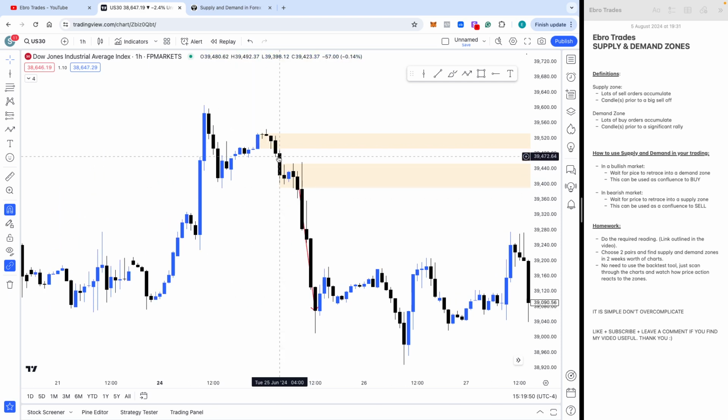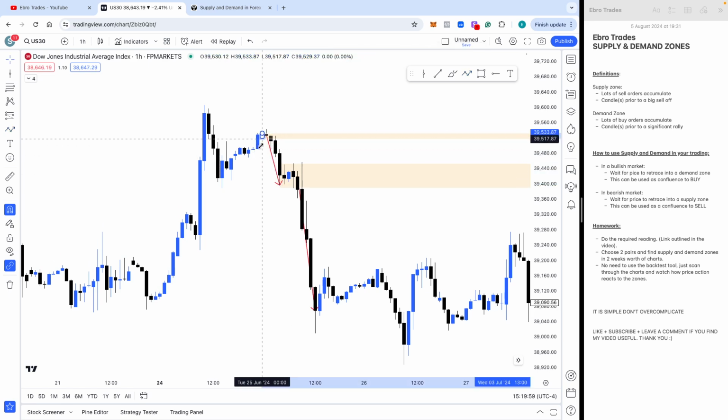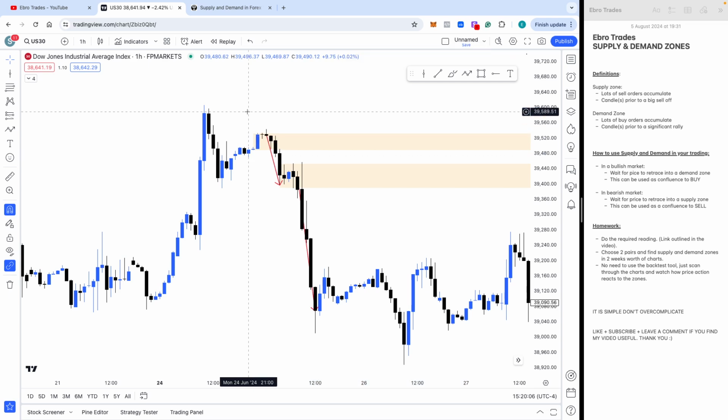We've got another supply region here. So this is a sell-off over here. So you can say that this over here is a sell-off. The candles just before. Now, some traders like to say that it's the one candle before the sell-off. But the thing is, the markets don't work that way. The markets work in ranges and probabilities and regions and areas. It's not one candle.